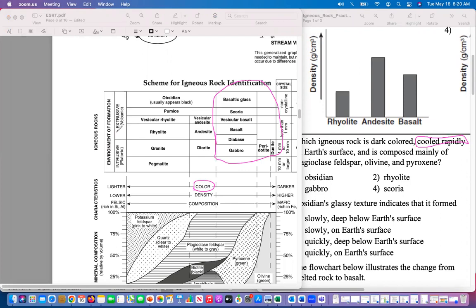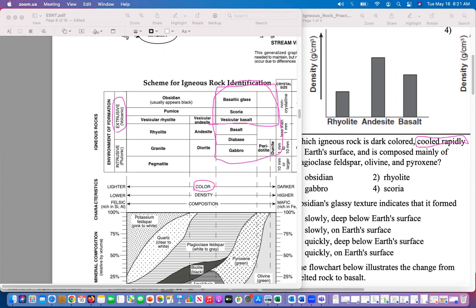It's an extrusive rock, right? Remember, if it's an extrusive rock, it's cooled on the surface of the earth, it cools very fast. So that means that it's going to be one of these rocks here. I know it's going to be rocks to my right, and it's going to be an extrusive rock.